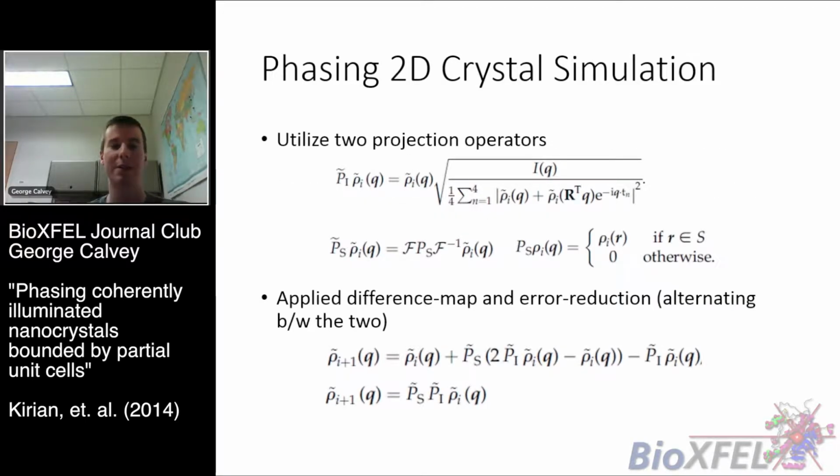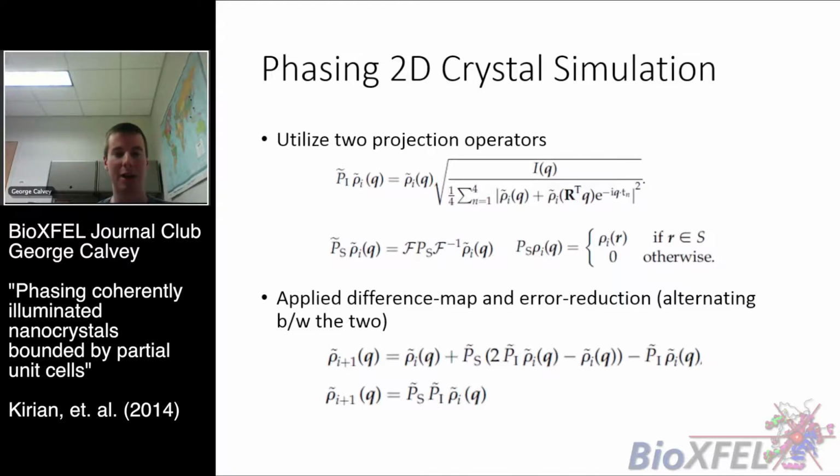In order to do this, they use 2 projection operators. The first projection operator, P sub I, puts the computed intensity in the same scale as the measured intensity.